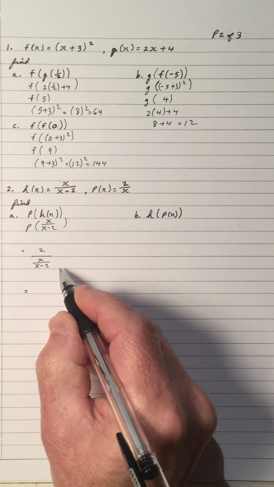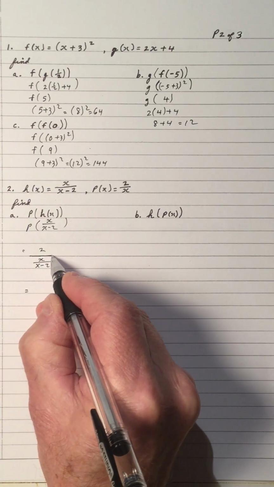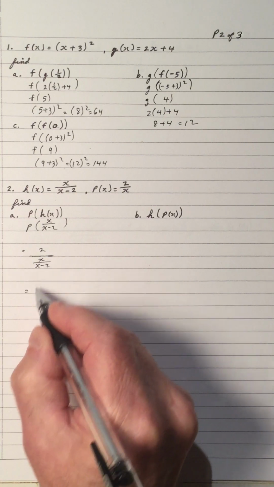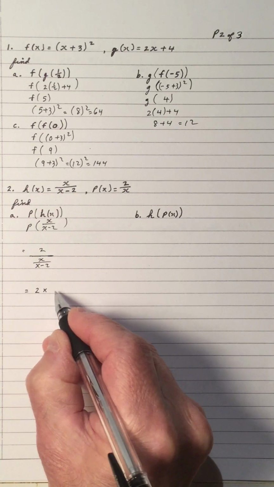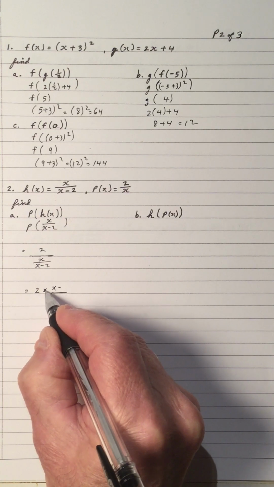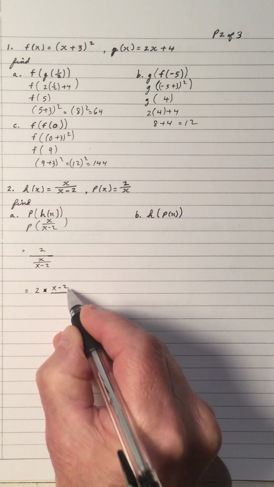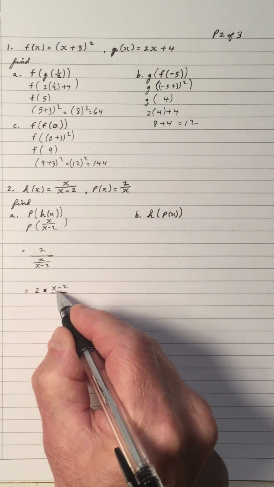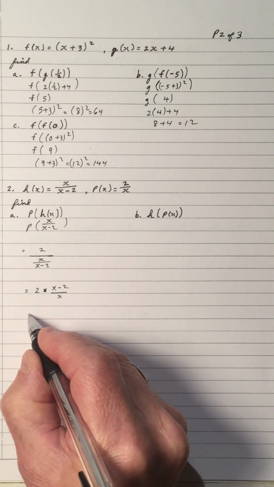When we do that, we have to notice we've got a division here. So this is 2 divided by this expression. So that's 2 times the reciprocal. I have to be careful. The reciprocal of x over x minus 2 is x minus 2 over x.